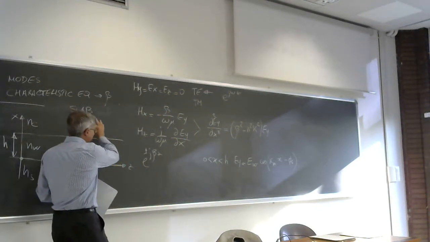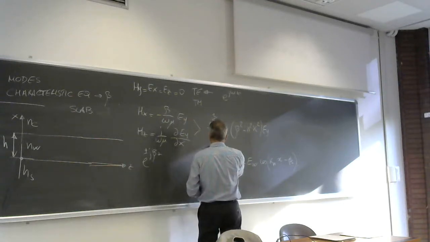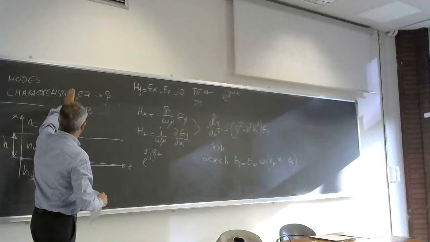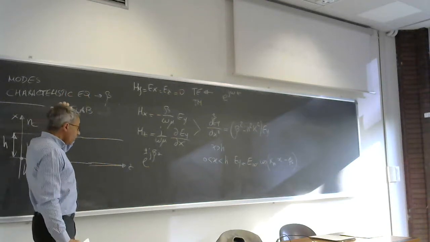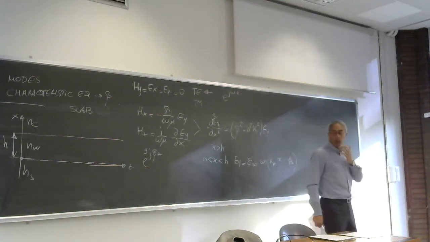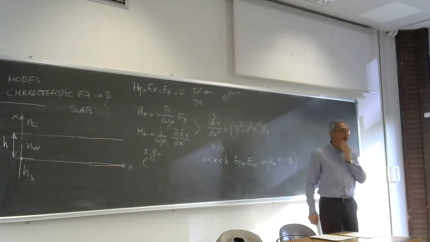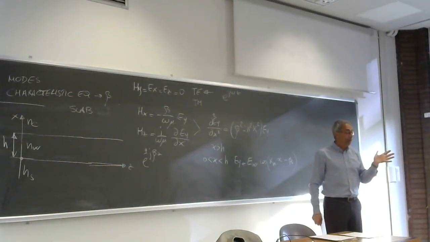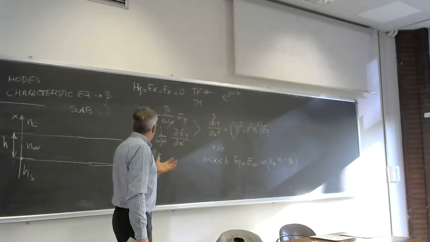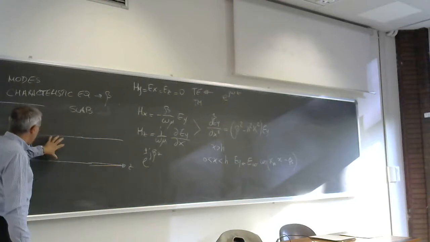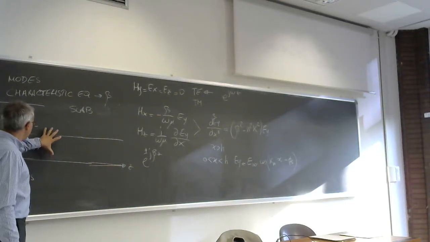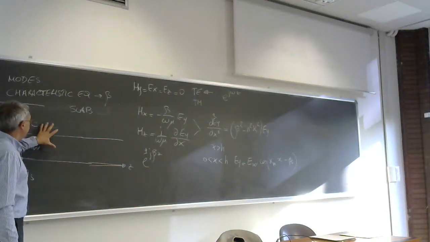And then above, so for x larger than h, the cover part. Once again, we are in Cartesian coordinates, so once again sine and cosine. However, we say that the light is confined in this part of the structure, so we have to assume that the field is here.